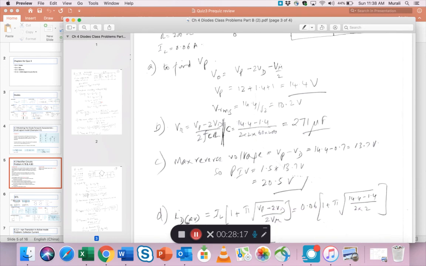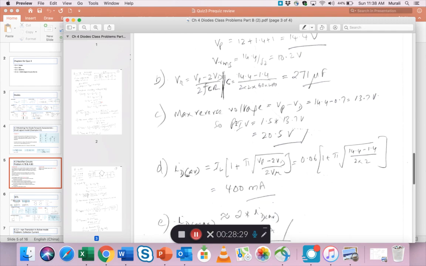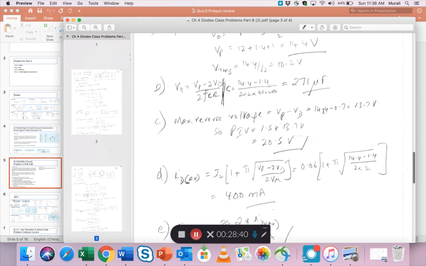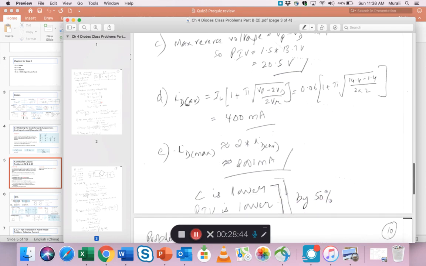Now ripple is Vp minus this formula, and so you can find the capacitance using this formula, and now it's much less in this case compared to the half wave. Maximum reverse voltage has this formula, and so PIV equals 20.5, and then we calculate ID average and ID max.